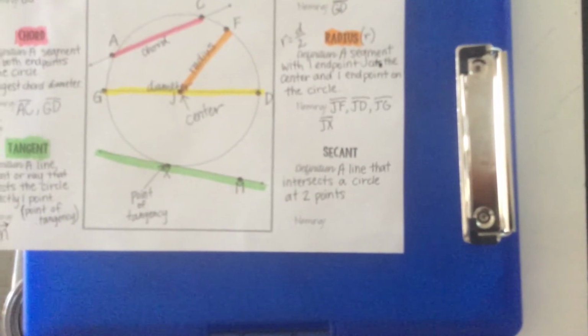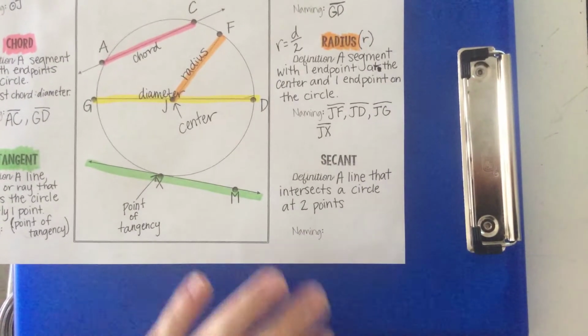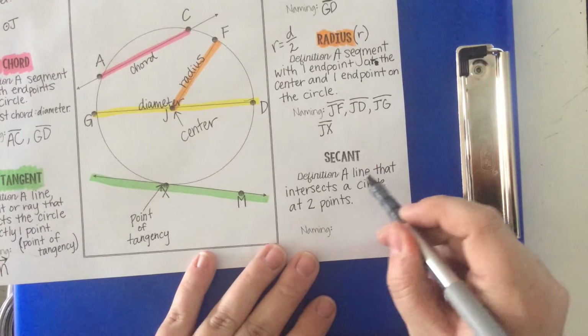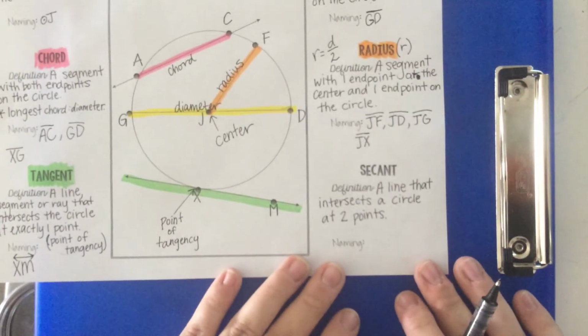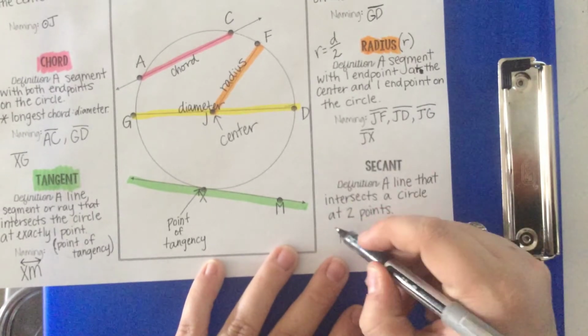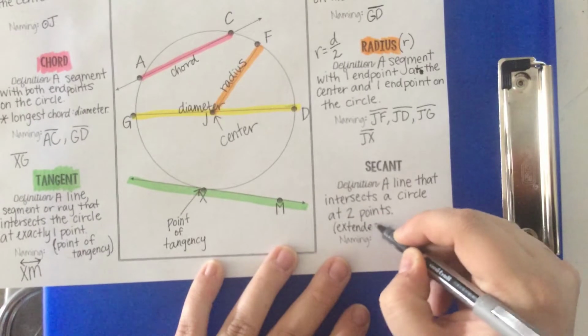Now, if you'll remember, we also had a chord which intersected at 2 points, but it wasn't a line, it was a segment. So on our picture here, we like to say that a secant is kind of just an extended chord.